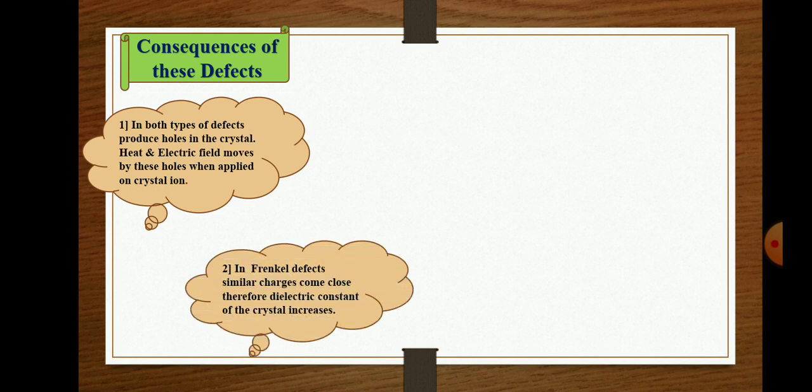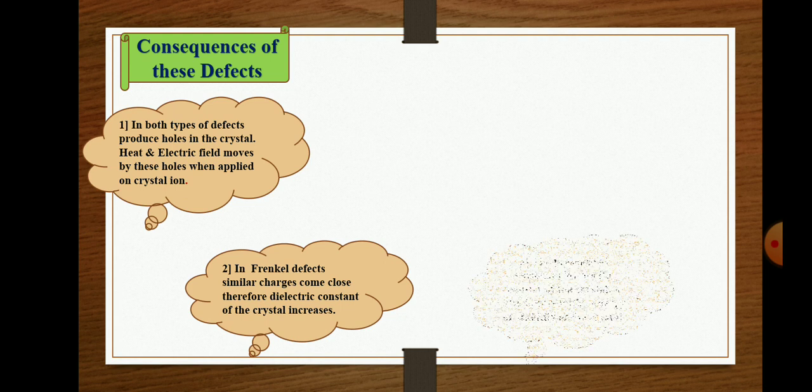Number 2 consequence, in Frenkel defects similar charges come closer, therefore the dielectric constant of the crystal increases. As cation in case of silver bromide goes to the interstitial site which is also near to the silver present in a lattice point, therefore positive ions come close to each other, therefore the dielectric constant of the crystal increases.